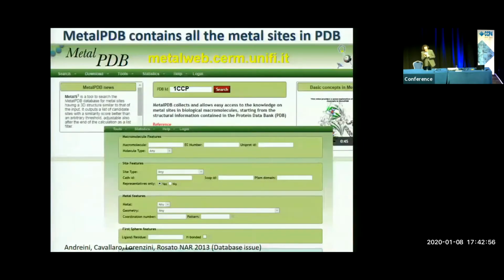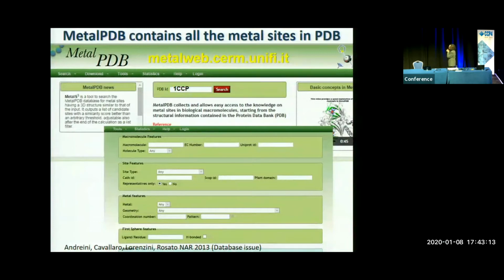And that's what we have cataloged in the Metal PDB database. So the Metal PDB is an archive of all the metal sites in PDB, which of course we can extract automatically quite easily.